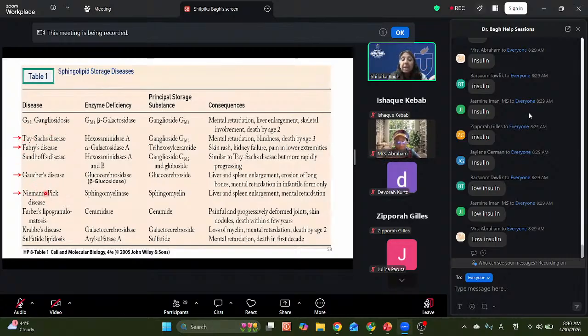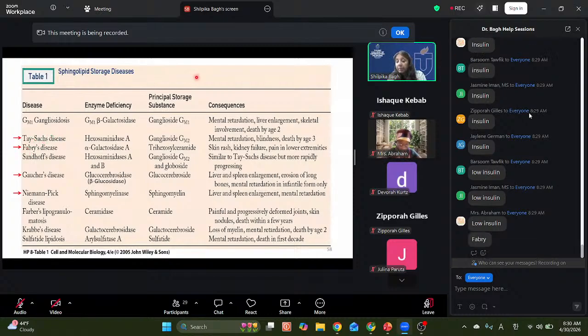Hexosaminidase A, Tay-Sachs; Fabry's, galactosidase; Gaucher's, glucocerebrosidase; Niemann-Pick, sphingomyelinase. These were all sphingolipidoses. The only X-linked one was which one? Fabry's. So there are specific disorders with specific enzymes. Did you pay attention to that?